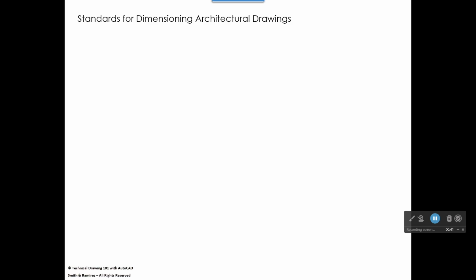Good. All right. So in architectural dimensioning, similar to the way things are done in the mechanical world, there's a designer. A lot of times it's an architect. Maybe it may just be a designer, somebody who isn't a licensed architect.